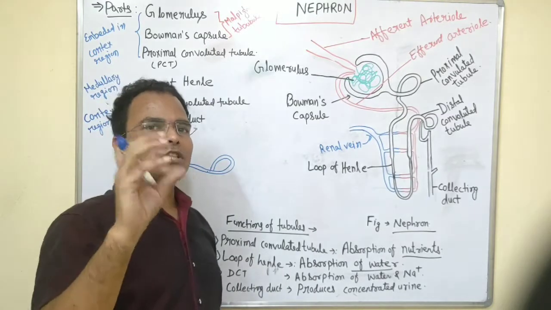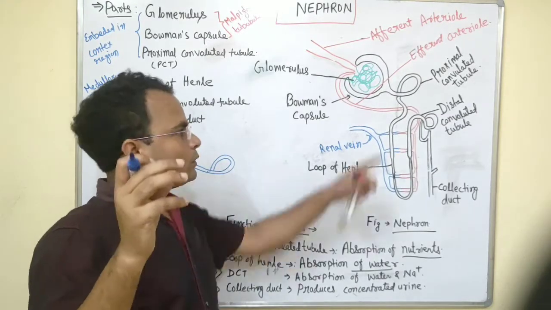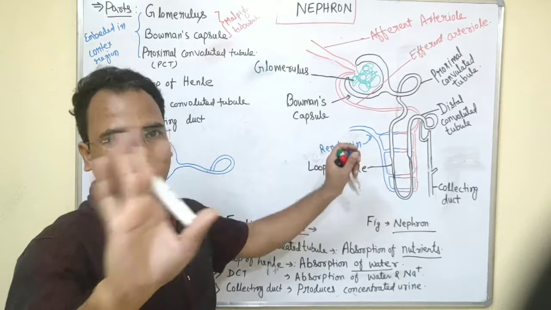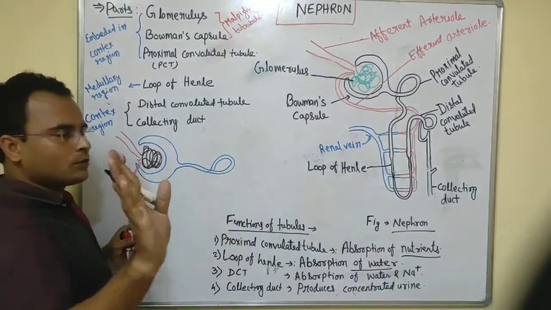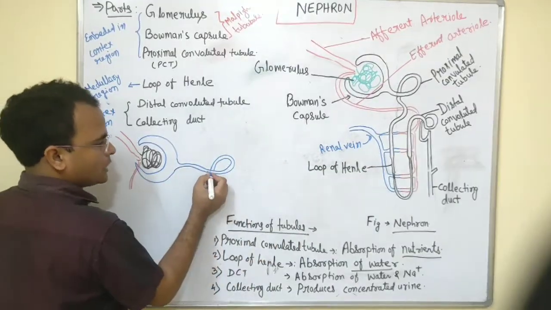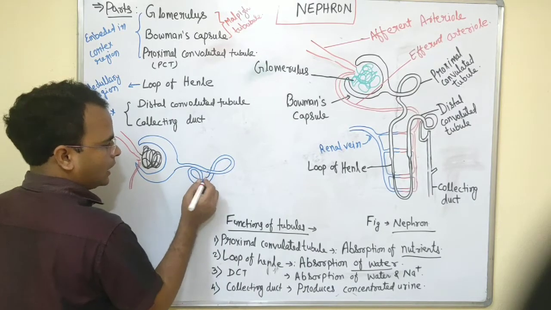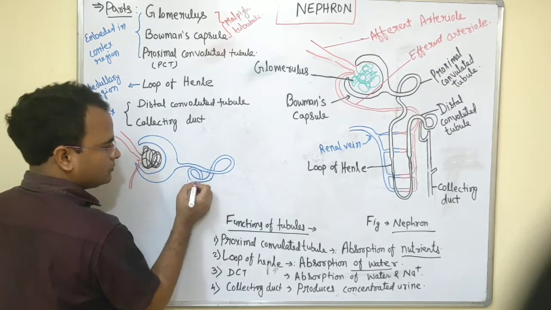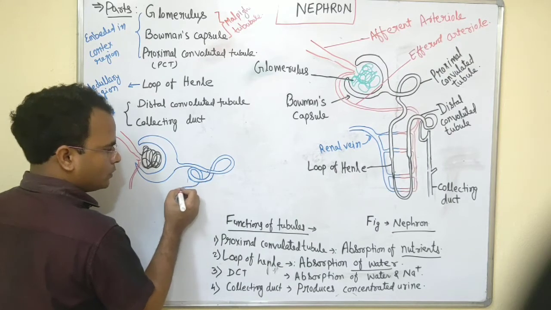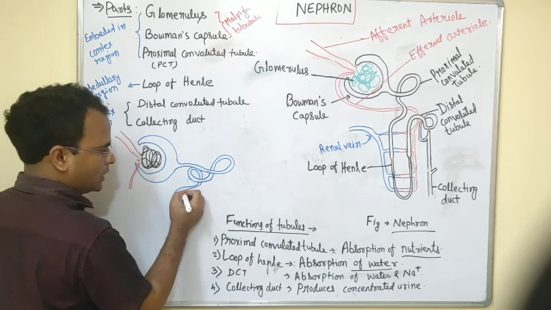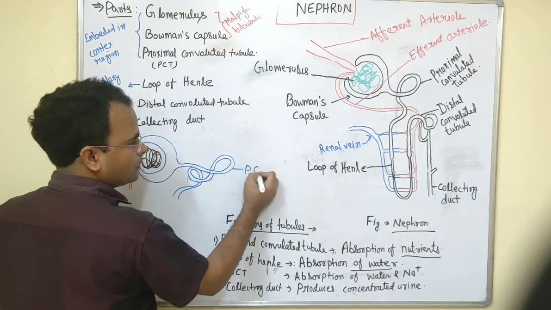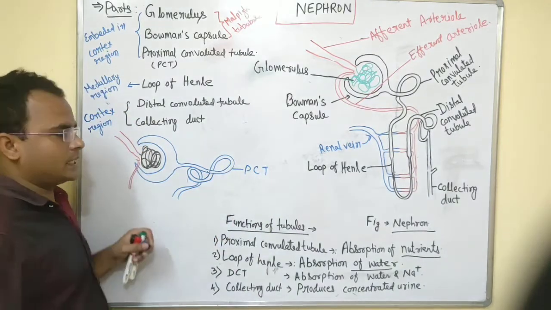Just coil it round and round. It doesn't matter how you make it. Just make 2 or 3 folds. It shows that it's a highly coiled structure. We coiled it round and round, and this became our proximal convoluted tubule. In short it is called PCT.